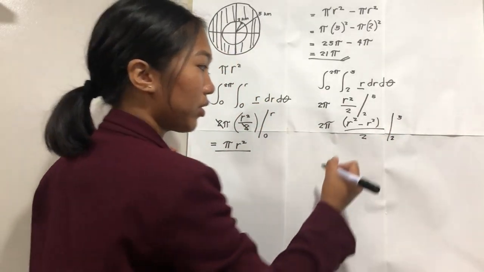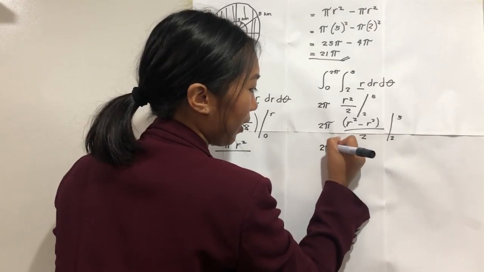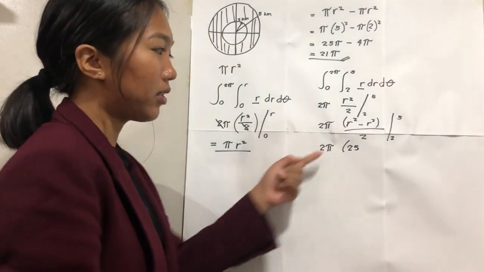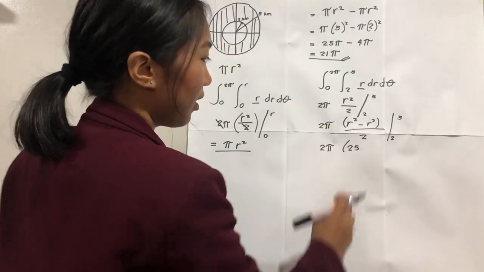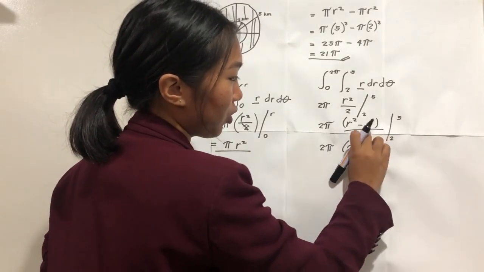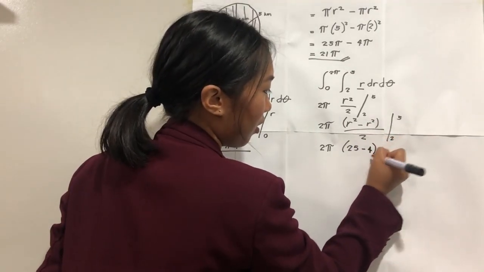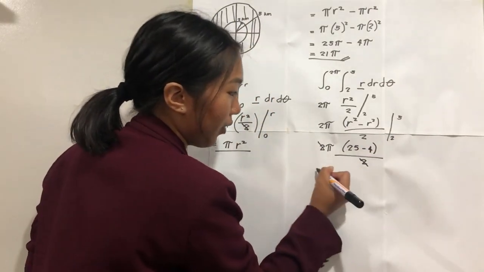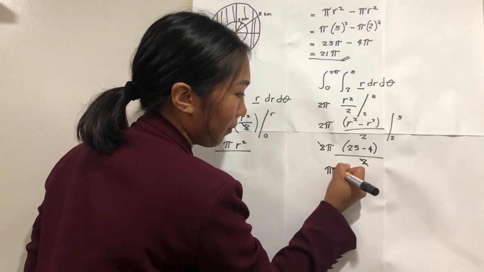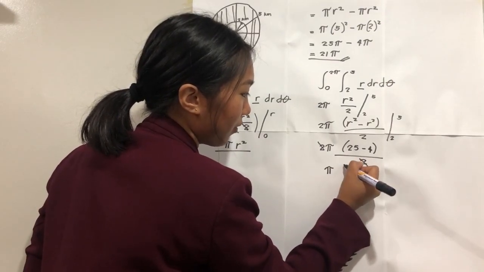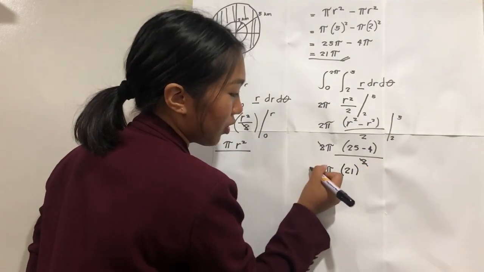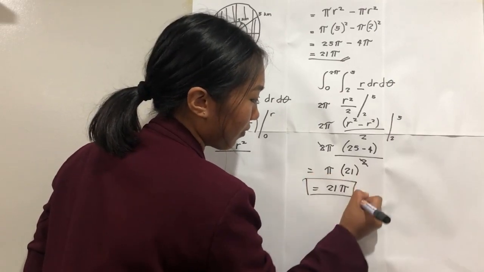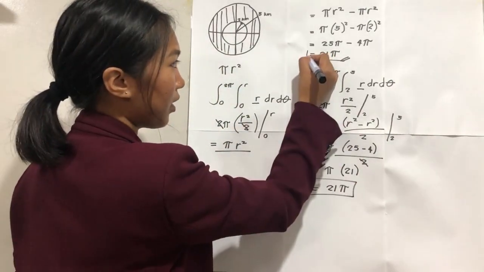So substitute the values. 2 pi times 25 minus 4, because 5 squared is 25 and 2 squared is 4, all over 2. Cancel 2 and that will give us pi times 21, so the answer is 21 pi. So they have the same value.